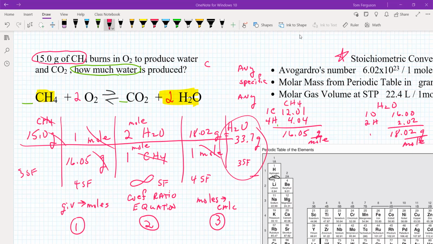Now, I want in your mind to take a picture of this. 3 parts to every one of these. Beginning part, go to moles. Middle part, mole ratio from the balanced equation. Third part, convert from moles of what you're trying to calculate over to grams or liters or whatever. Okay, 3 parts, every single one. Boom, boom, boom.